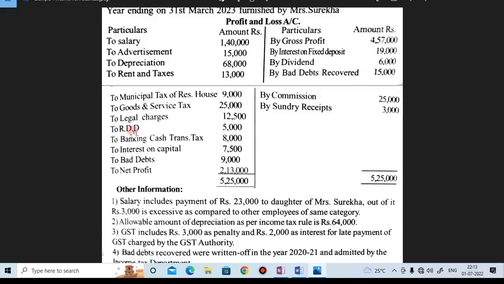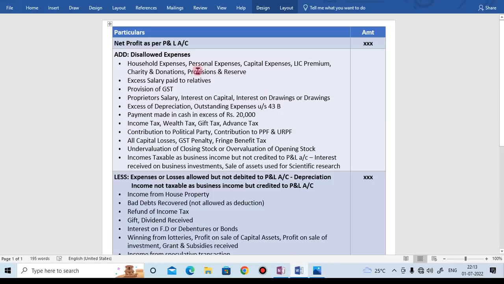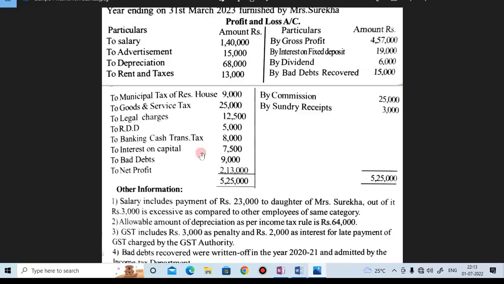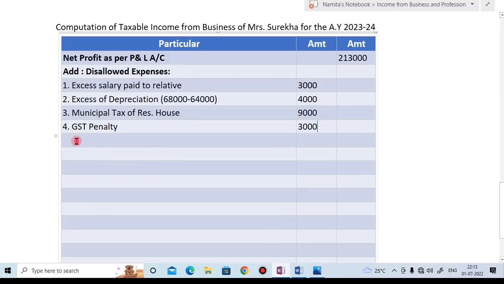Now this RDD is a disallowed expense, because in the format it is given as provision and reserves. Any type of reserves is called disallowed expenses. So here RDD is 5,000, and it is a disallowed expense.